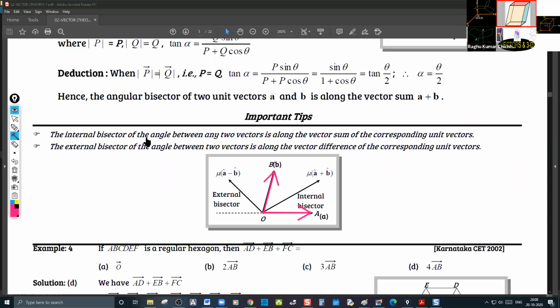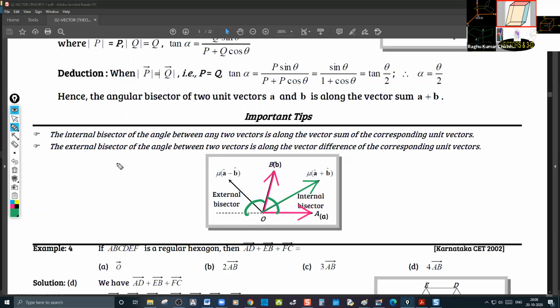Now, the angle between them is bisected by another vector, which is the internal angular bisector. And there is another external angle also. There is another external angular bisector between them. This is the external angle. This is the internal angle. This is called the internal angular bisector and this is called the external angular bisector.